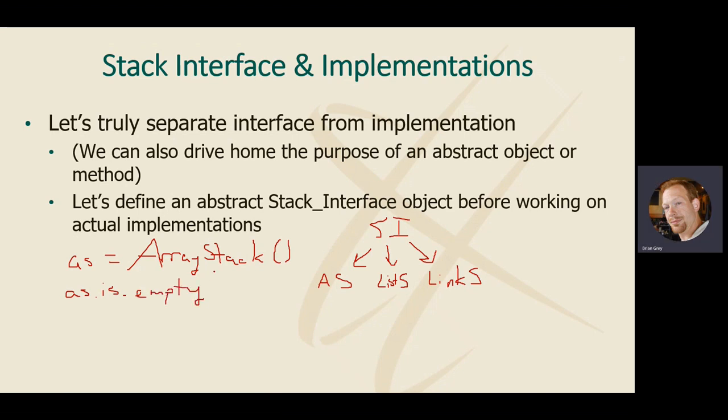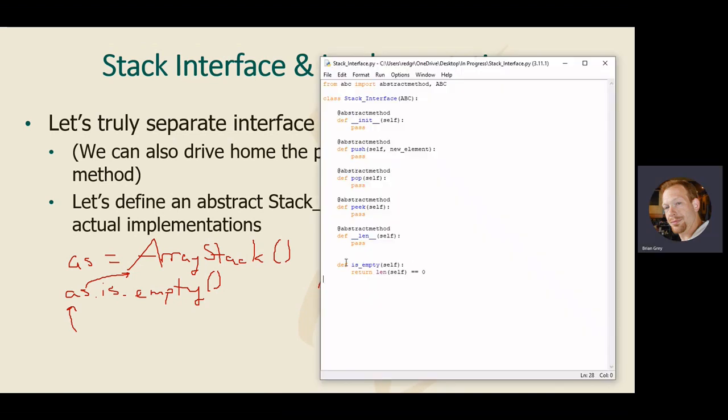So how does this work? Well, remember, duck typing is going to take a look at the thing that we called it on, and it's going to figure out what type it is. Well, it's an array stack, and it's going to go into array stack and look for a definition of is empty.